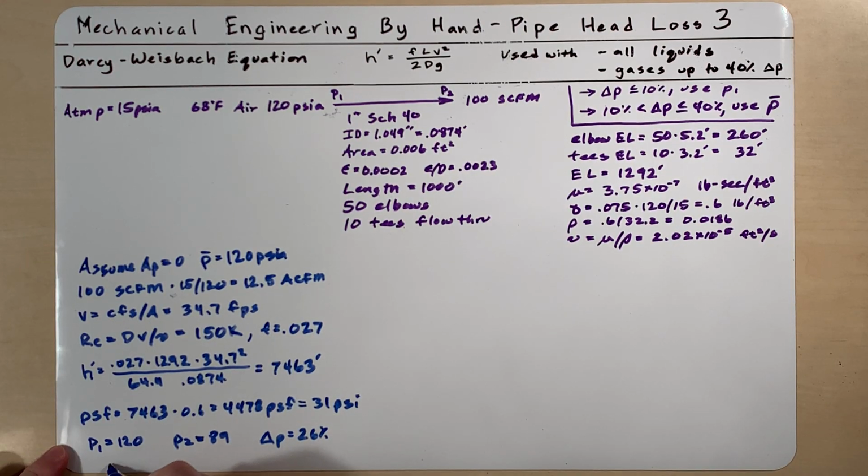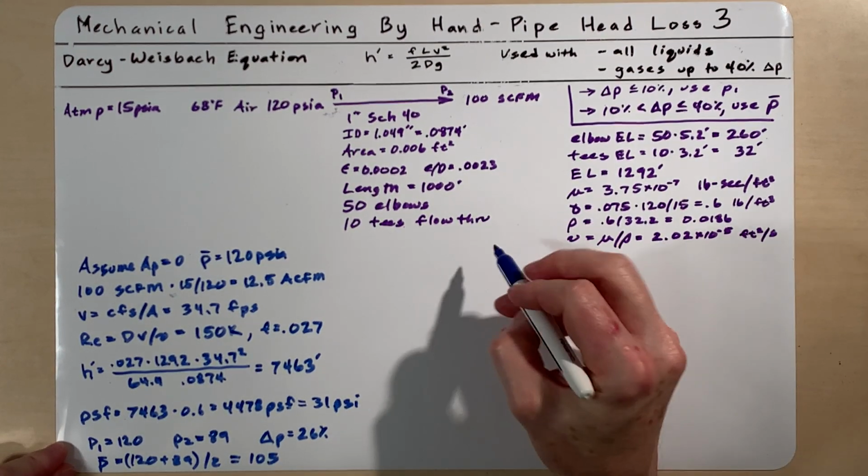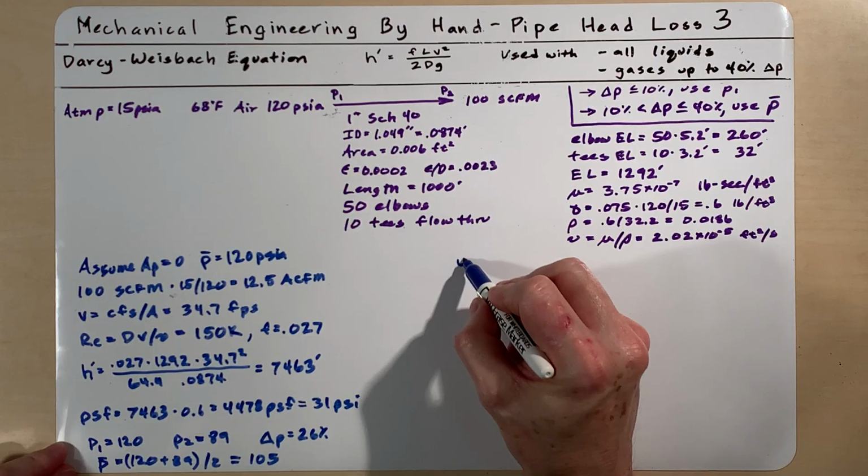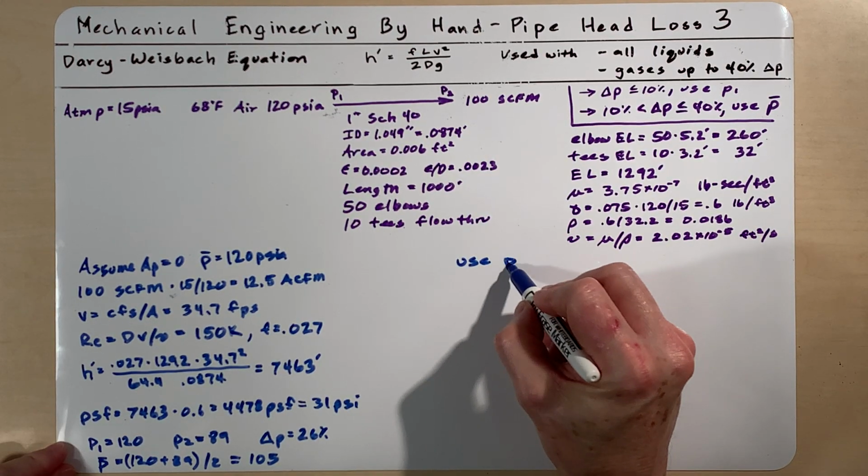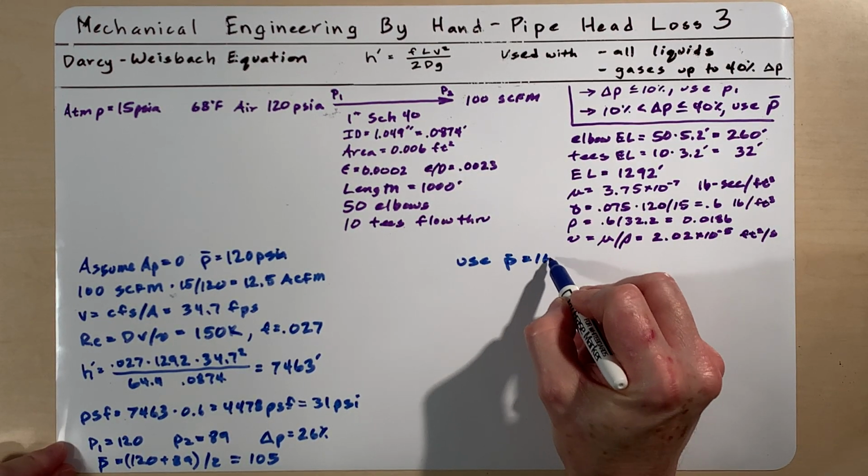Let's calculate the average pressure. It's just going to be 120 plus 89 over 2, which is 105. So on this next iteration, we'll use P average equals 105.